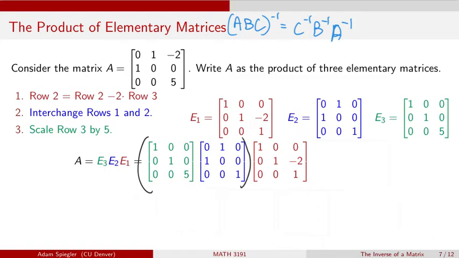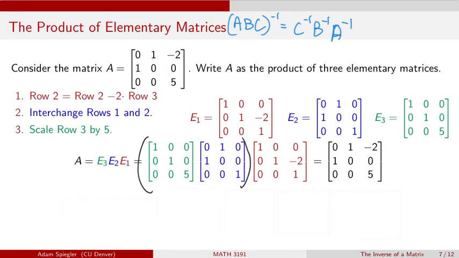It's a good exercise to practice your matrix multiplication and verify that we do indeed get matrix A back. So we can think about matrix A as a product of three elementary matrices, because we've done three different row operations to the identity matrix to wind up with matrix A.